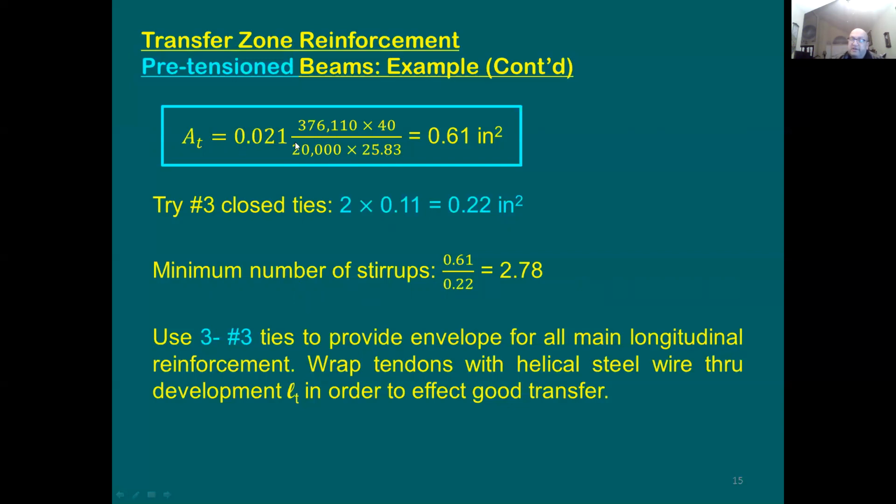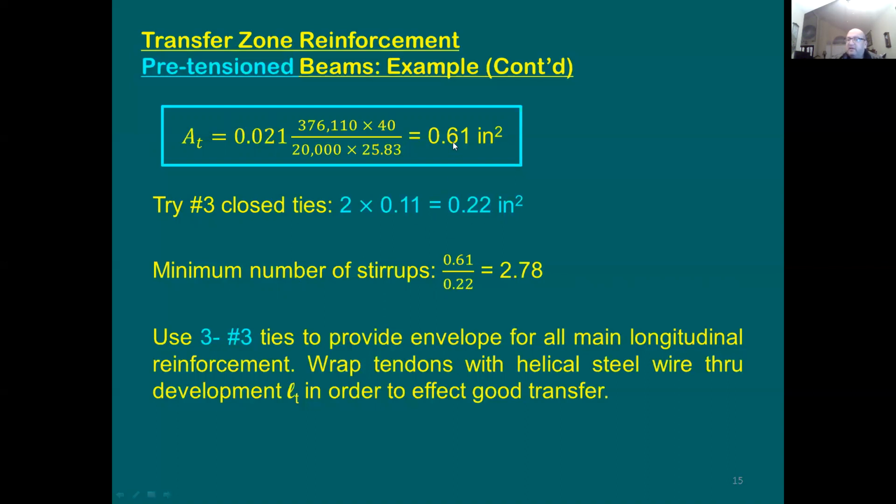Needed cross-section area, A sub T, based on this equation, says here 0.61 square inches. I decide here to use number 3 ties. It's going to be a closed tie, and the closed tie is going to have 2 legs. One cross-section area for number 3 is going to be 0.11 square inches. When you have here 2 legs, it means for each stirrup, you're going to have 0.22 square inches.